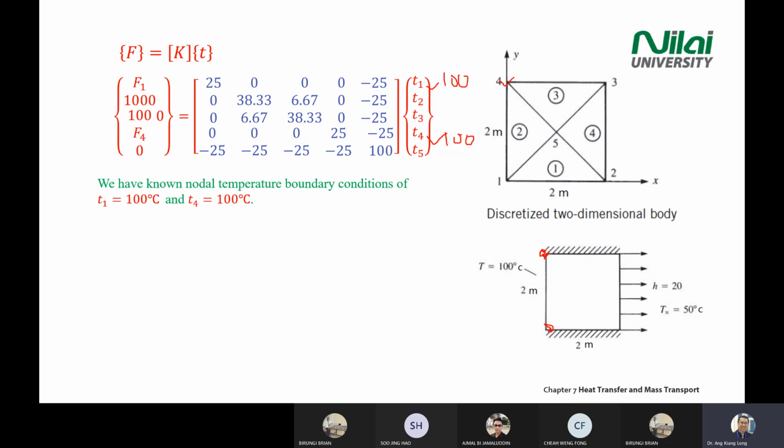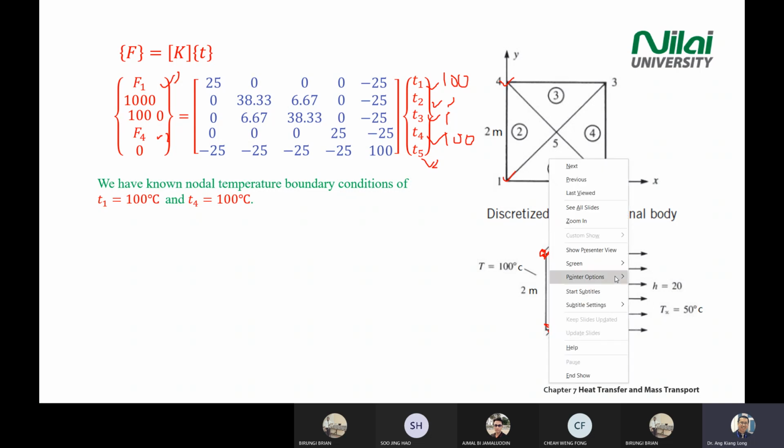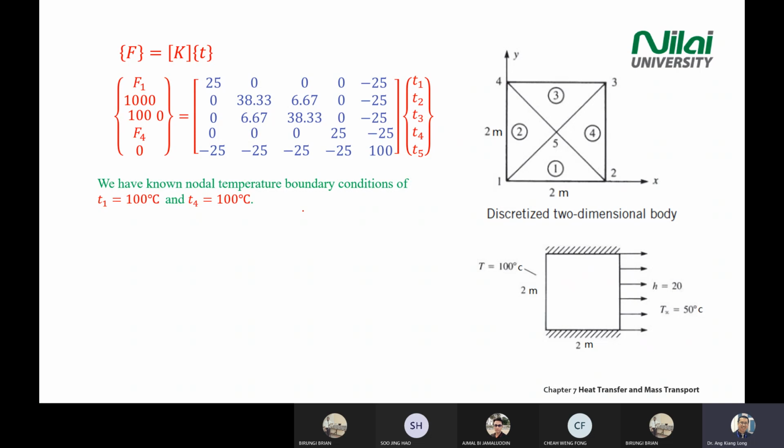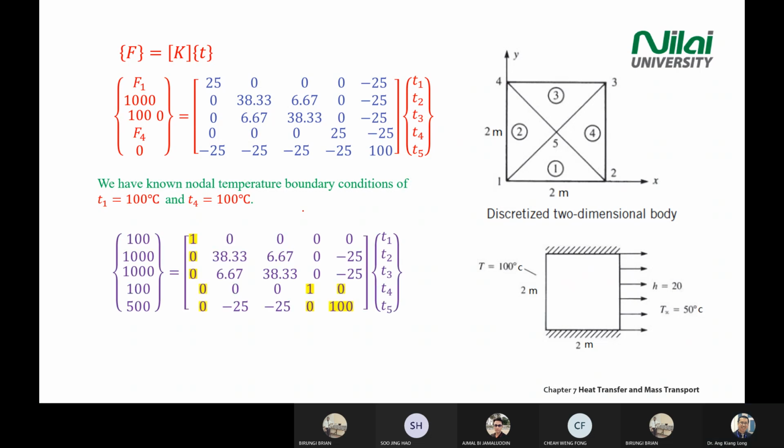Okay, these 2 points, you know the temperature. So once you substitute, you already reduce to 5 unknown, right? This one you don't know, this one you don't know, this one you don't know, F1 you don't know, this one you don't know. You have 5 equation, 5 unknown, you can solve this question. It's a 5 simultaneous equation with 5 unknown.